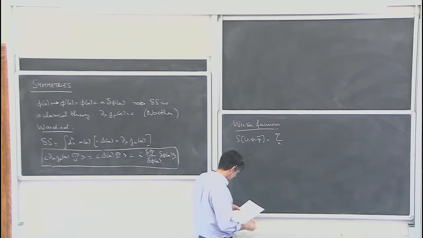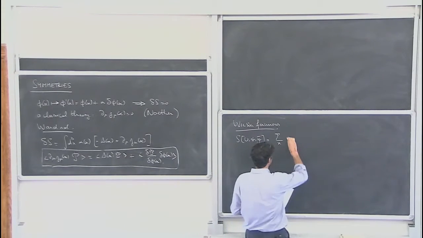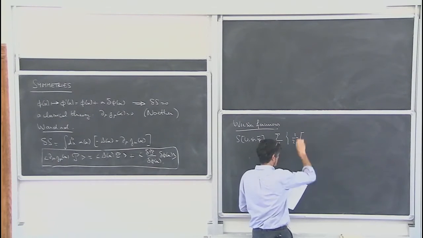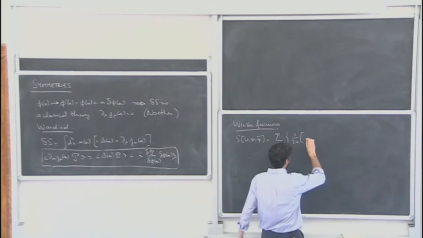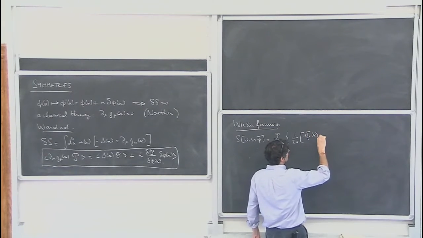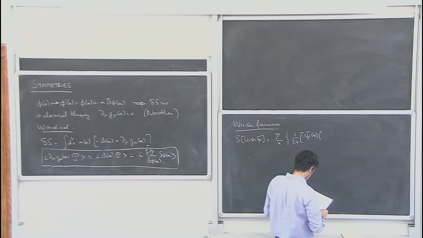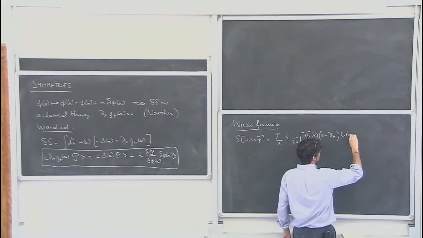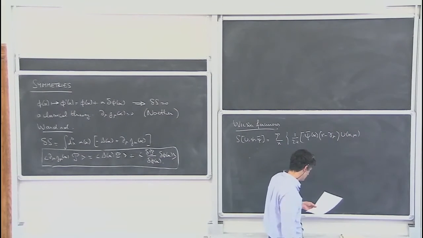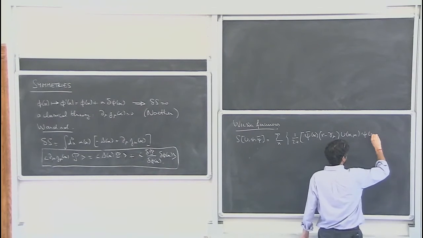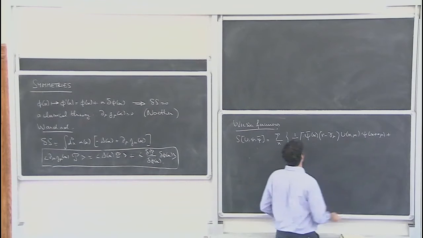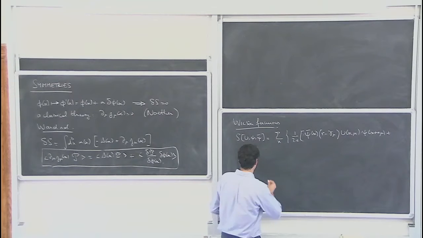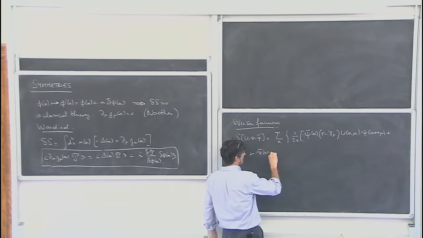So we have a sum over all the sites, and then a factor of 1 over 2a. And then we have contribution from the covariant derivative and the Laplacian, which you can write like this. This is the gauge link, which comes from the covariant derivative, plus a similar contribution that comes from the backward derivative, which you can write like that.